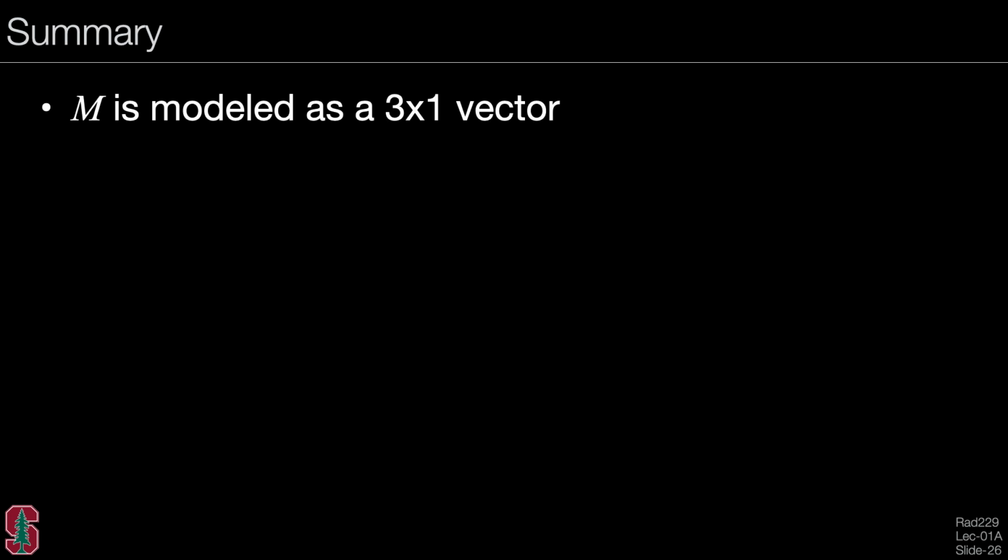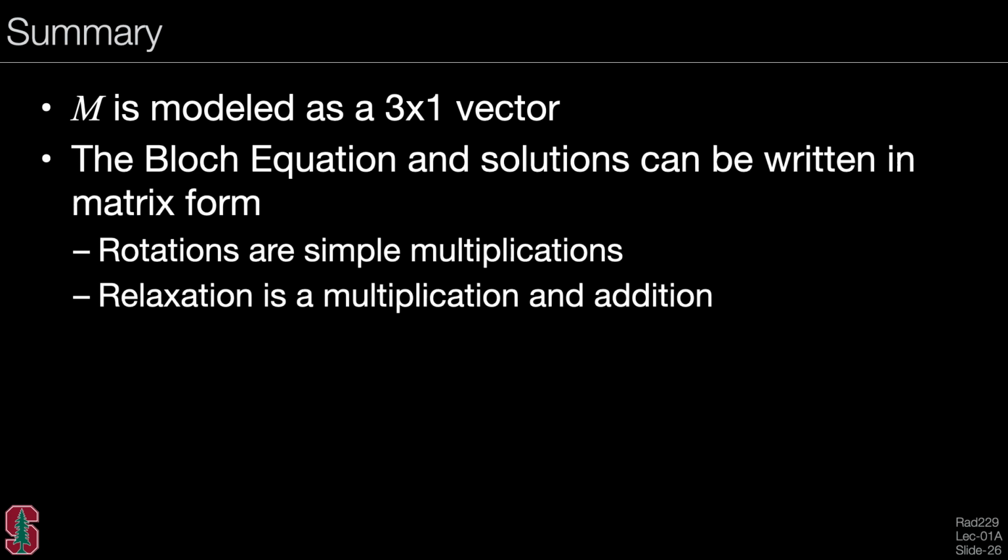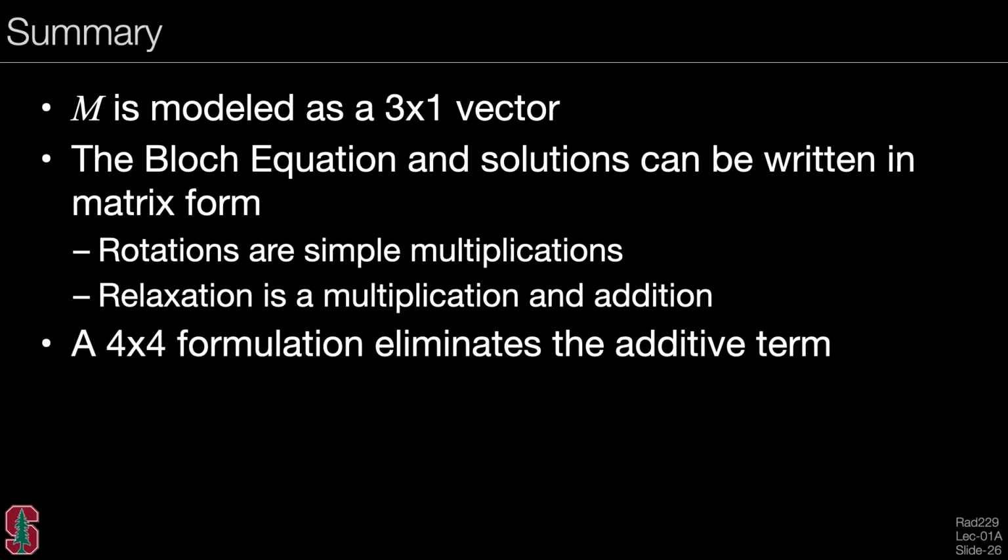So to summarize this lecture, the magnetization can be modeled as a 3 by 1 vector. Remember, you can extend this horizontally to model multiple spins or multiple locations. The Bloch equation and its solutions can be written in a matrix form. Rotations are simple multiplications, and relaxation is a multiplication with an additive term.